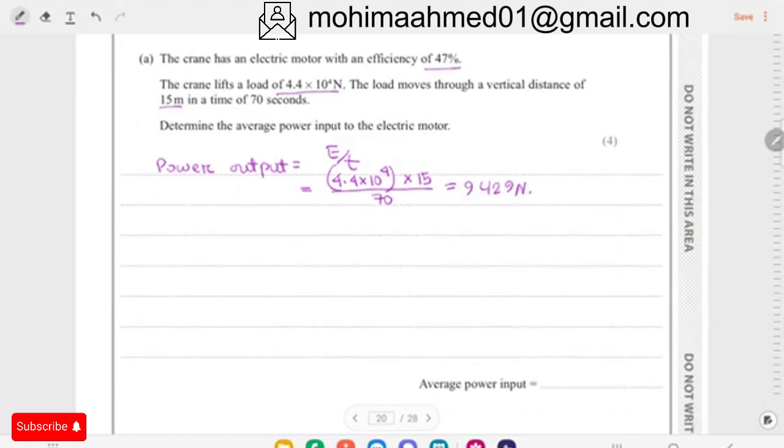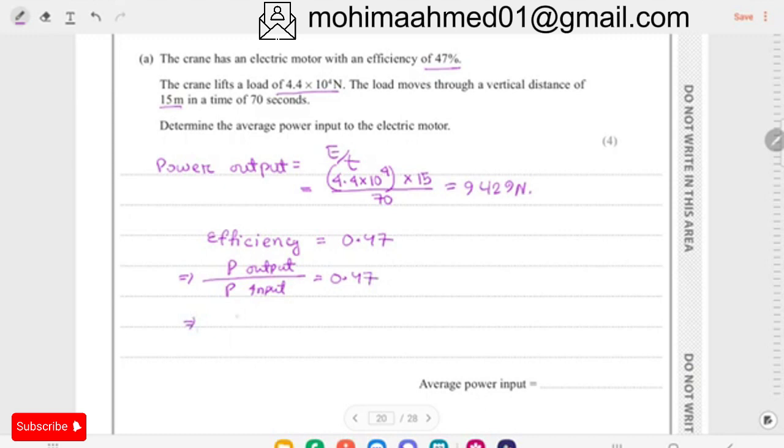We can calculate the power input using the equation for efficiency. For efficiency, the value was 47%, which is almost 0.47, right? We can write it like this, obviously. Efficiency is power output over power input, which is equal to 0.47.